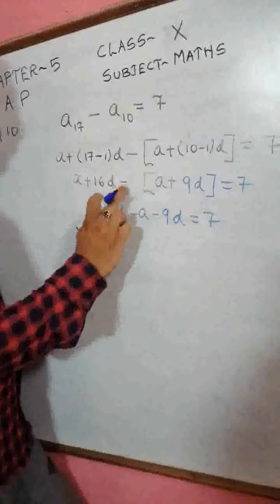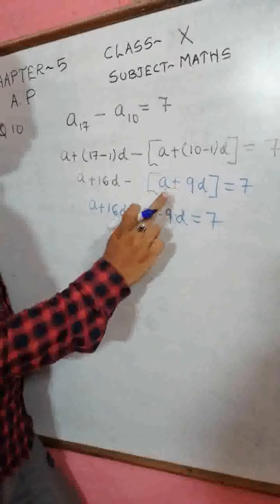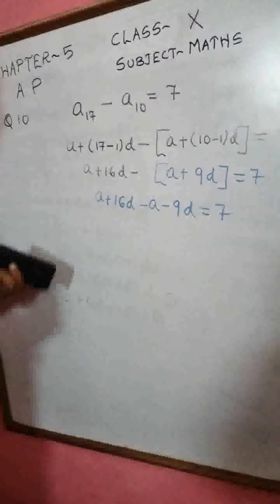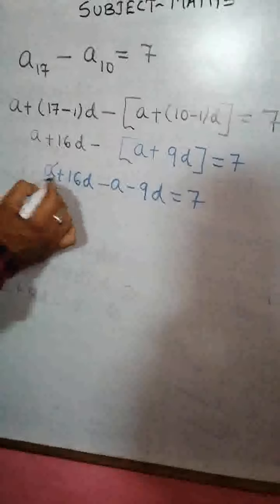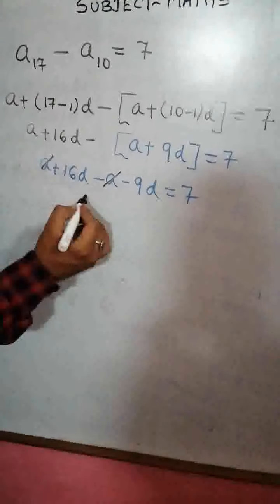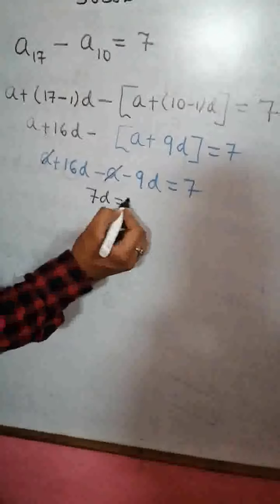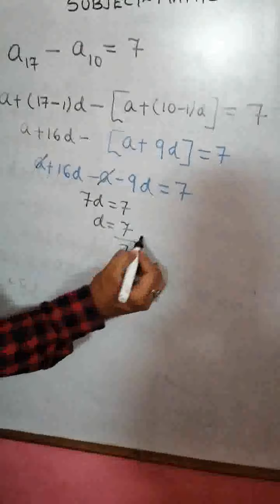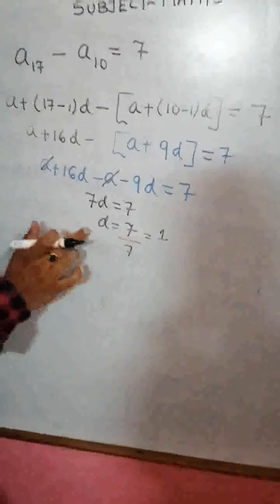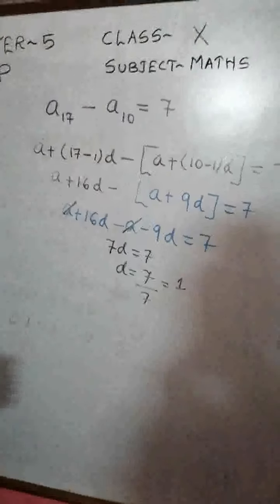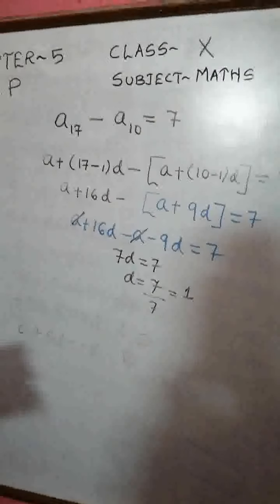When minus multiplies a and minus multiplies 9d, plus a minus a will be cancelled because one is positive and another is negative. So you cancel these. 16d minus 9d, 7d equals 7. D equals 7 divided by 7. The answer is 1. We were supposed to find the common difference, and we got d because the common difference is denoted with the letter d.